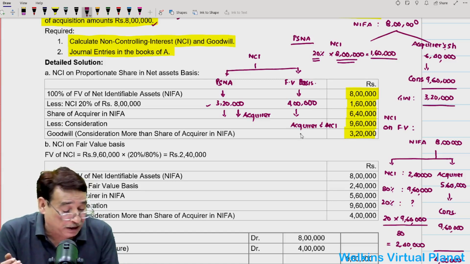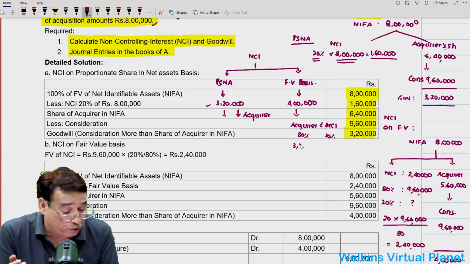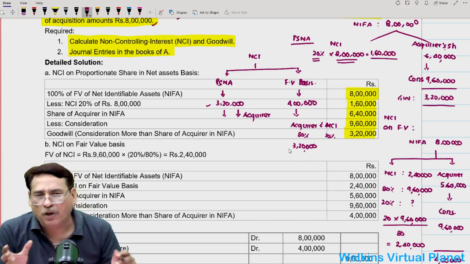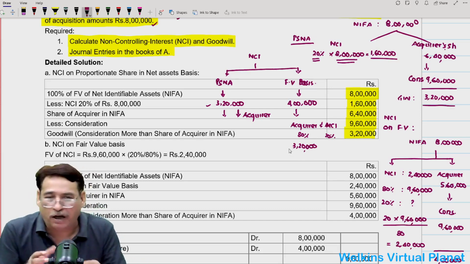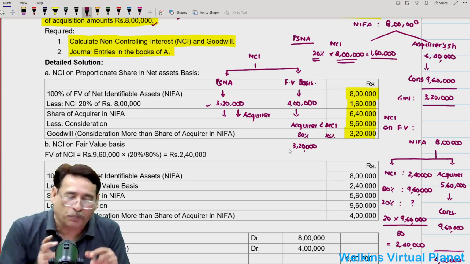Now we have seen that the acquirer share is 80% and NCI share is 20%. Out of 4 lakh, if I compute 80%, that will give me the same result, 3,20,000. So even though different methodologies are adopted, they lead us to the same result, as I just proved. Is it clear to you?